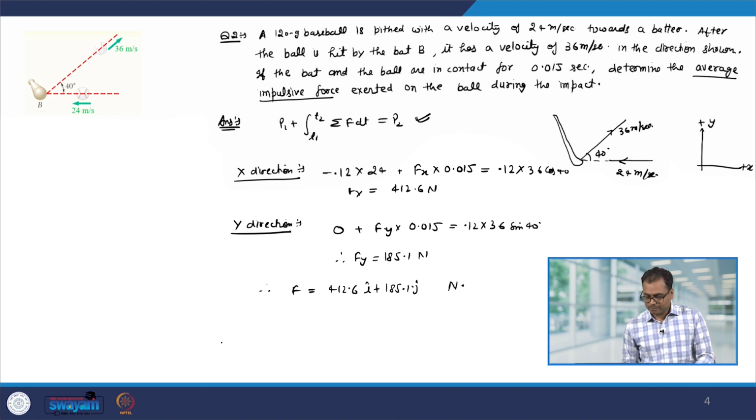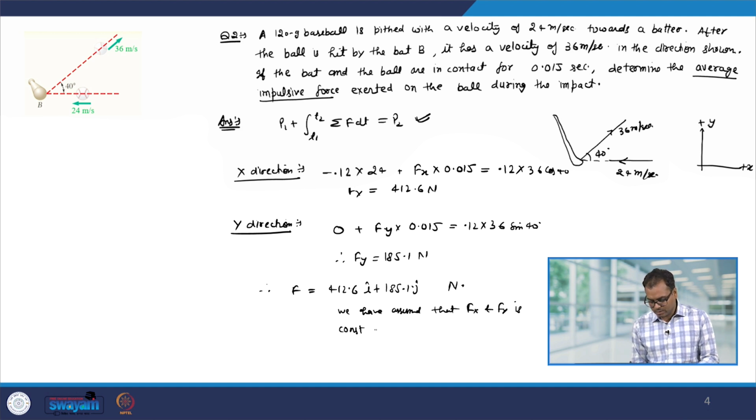Note that when we calculate the integral of F dt, I have taken F as constant because it is independent of t, and we are looking at the average impulsive force. So, we have assumed that both Fx and Fy are constant during the contact, while the ball is in contact with the bat, since we have been asked to find the average impulsive force.